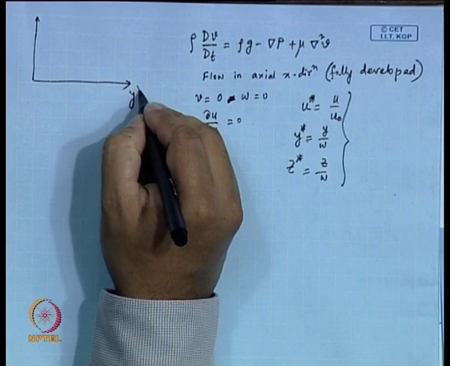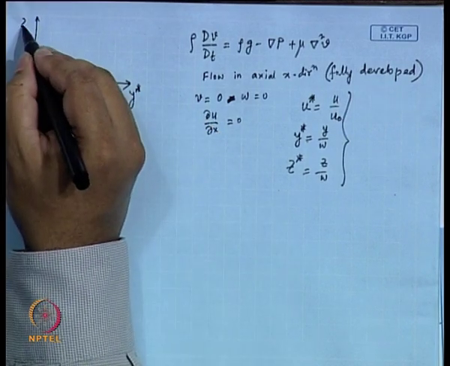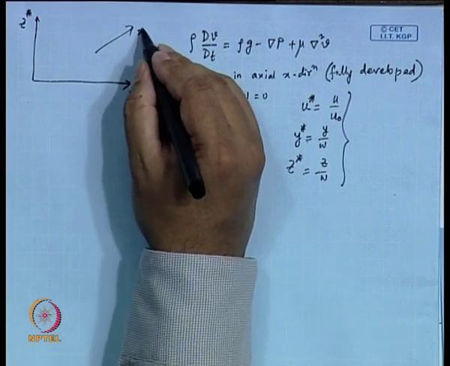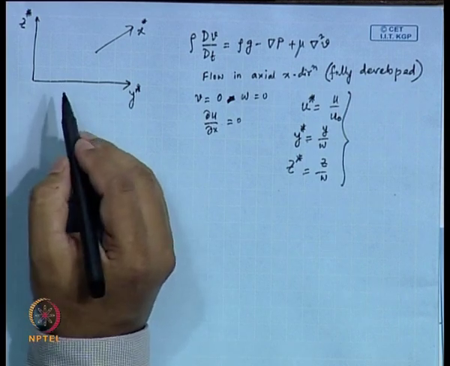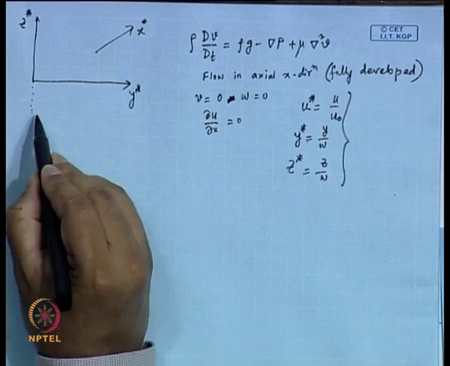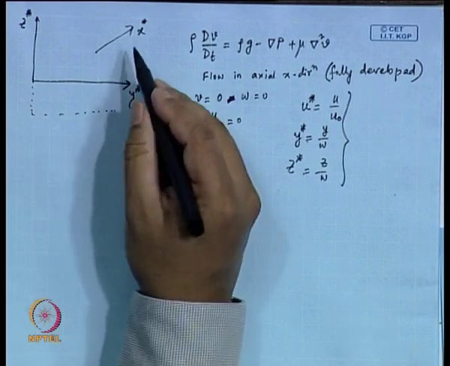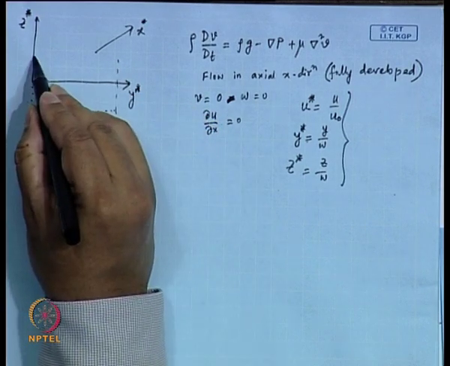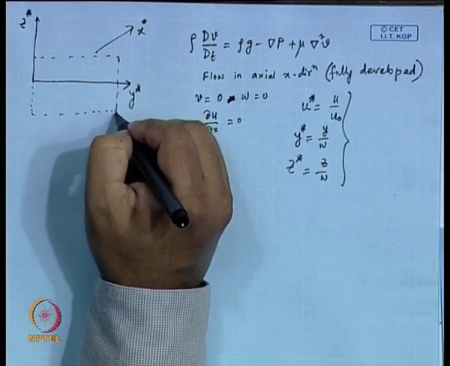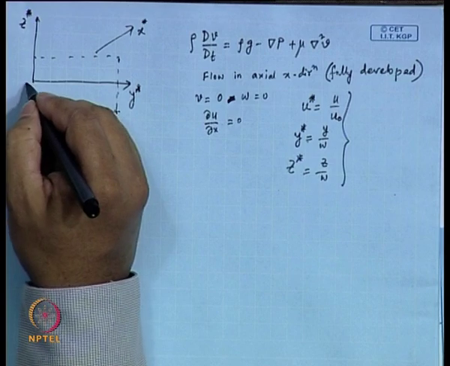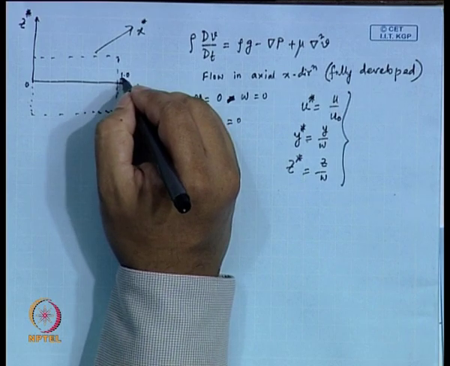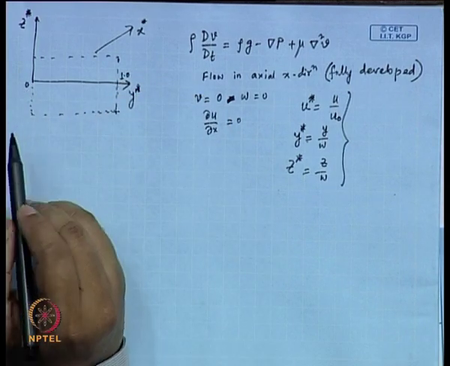Now, we are plotting here this direction as y star, this direction as z star, and this direction as x or x star, whatever you call it. And then the channel is taking this shape. This is the channel. Here y star is equal to 0, here y star is equal to 1.